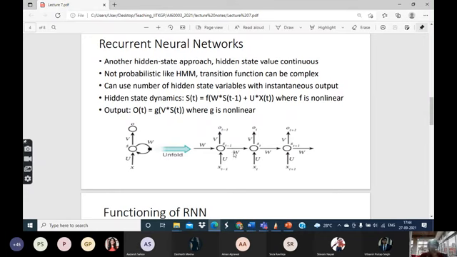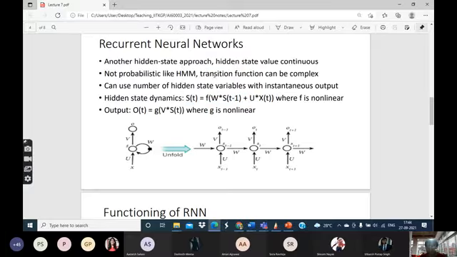It has similarities and differences with the hidden Markov model. The difference is that this is not probabilistic. That is to say, given these two things, what the next state is going to be is deterministic. There is no probability involved in the dynamics here, unlike HMM.